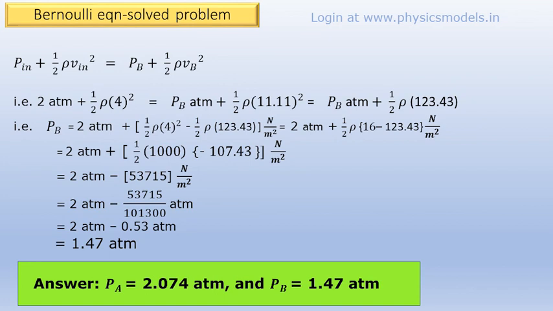So 2 atmospheres minus 0.53 atmospheres is 1.47 atmospheres. The negative sign makes sense because the diameter is smaller than the inlet, therefore the pressure should be lower than the pressure at the inlet.